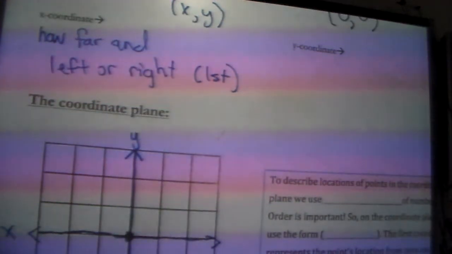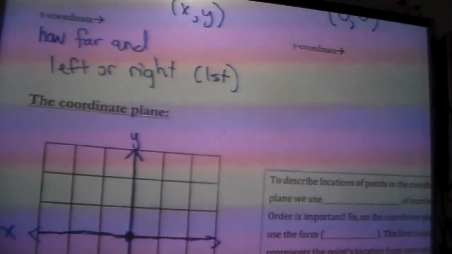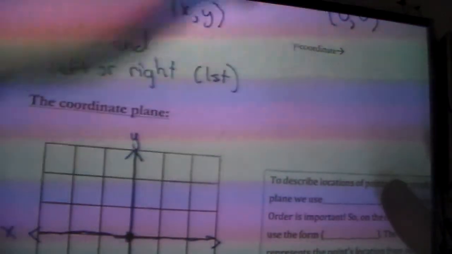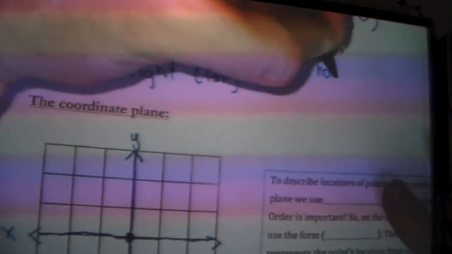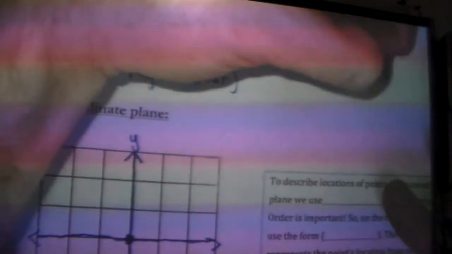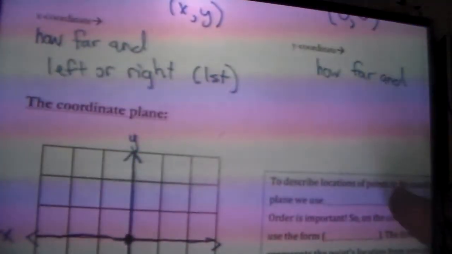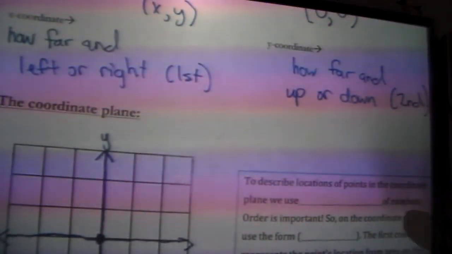Again, the x coordinate tells you how far and left or right. It is always the first number. Then the y coordinate also tells you how far to go. But instead of telling you left and right, just like the y-axis, it tells you how far and if you go up or down. It's always the second number that you look at.